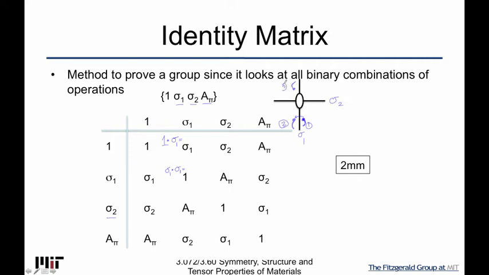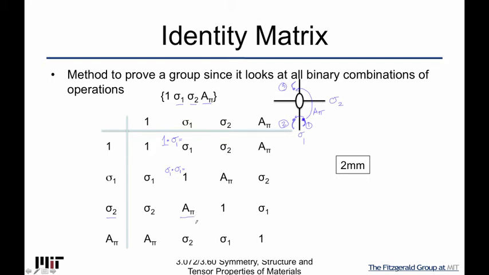So this is number 3, right? Now, what you want to do to find out what the operation is then is, I did sigma 1 and then I did sigma 2. Let's see how the 1 is related to 3, and that will tell me what the operation is. And of course, when I look at 1 and 3, I see I have a 180 degree rotation between these two, so it creates an A pi, and that's what we have here, right?